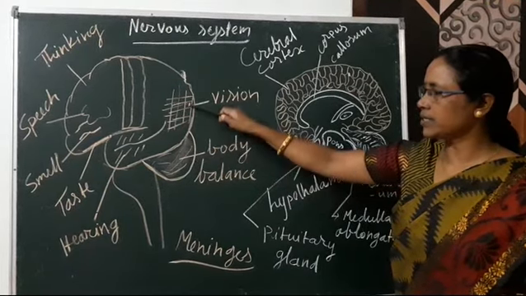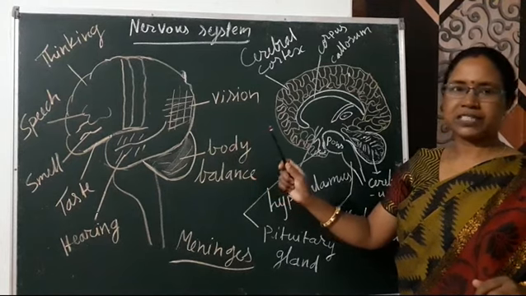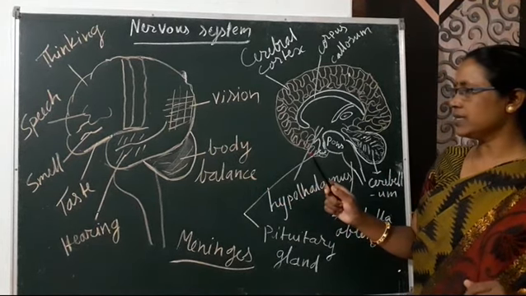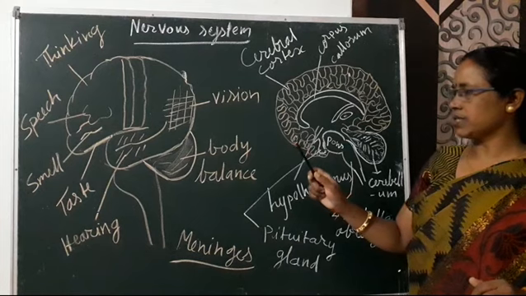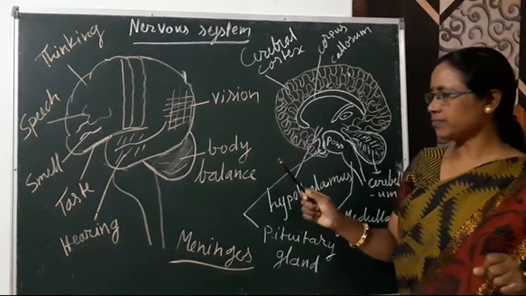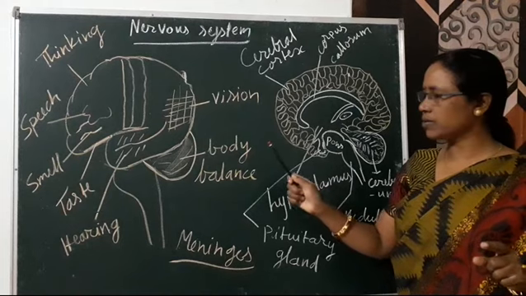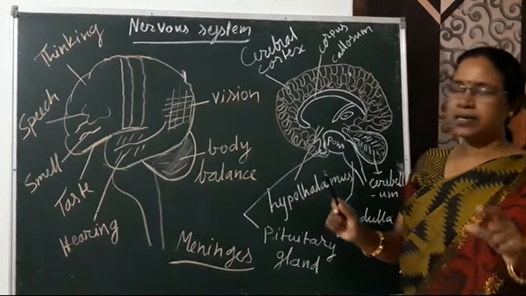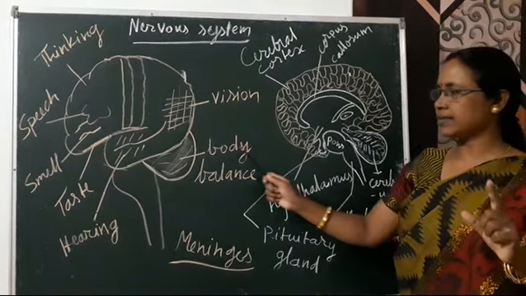Its function is to balance the body and coordinate muscular activity. So if they ask you to write the function of the cerebellum, you must know it balances the body and coordinates muscular activity.